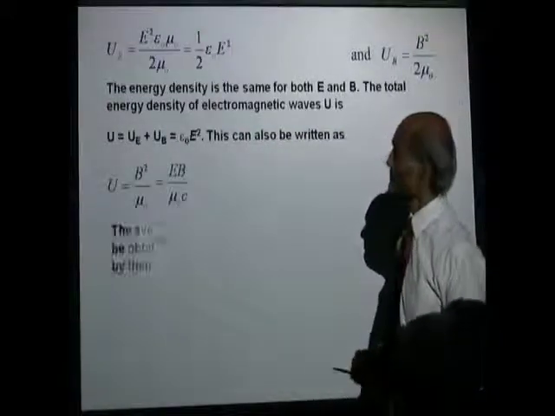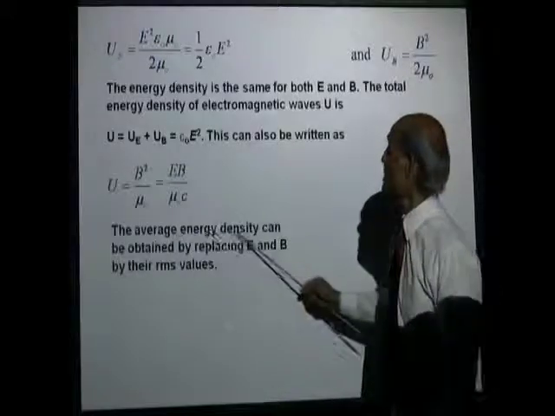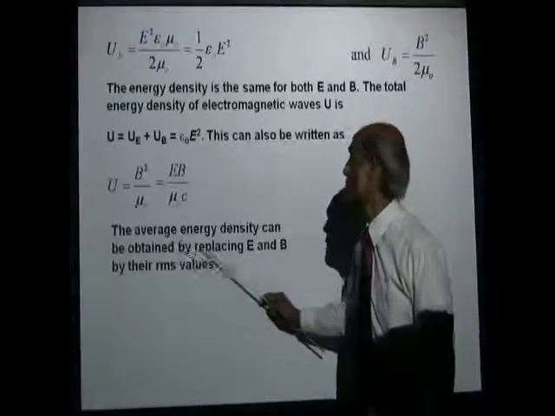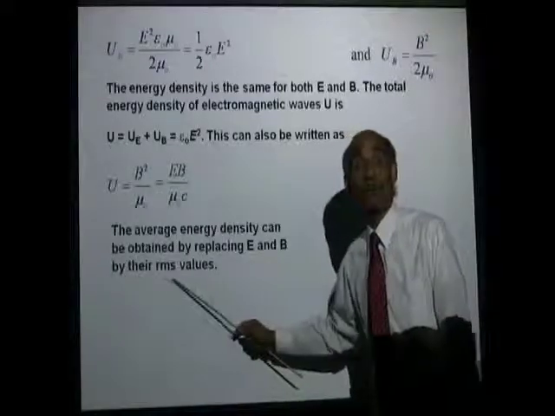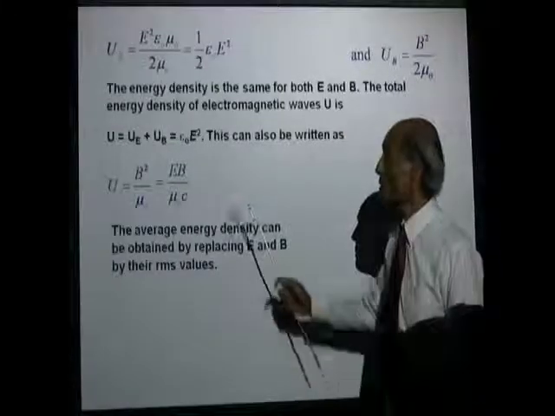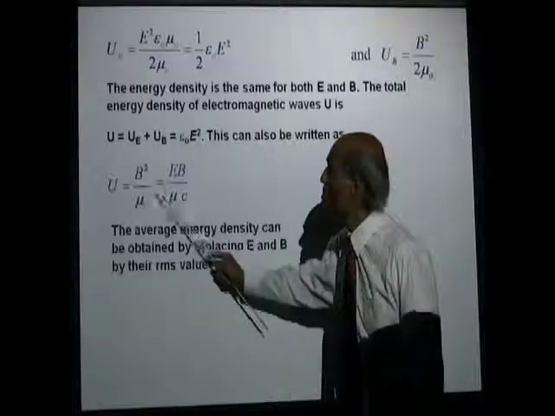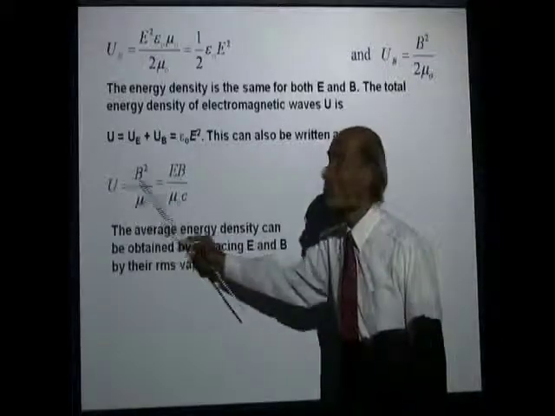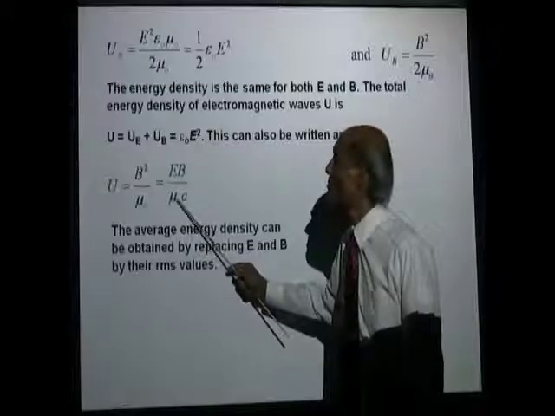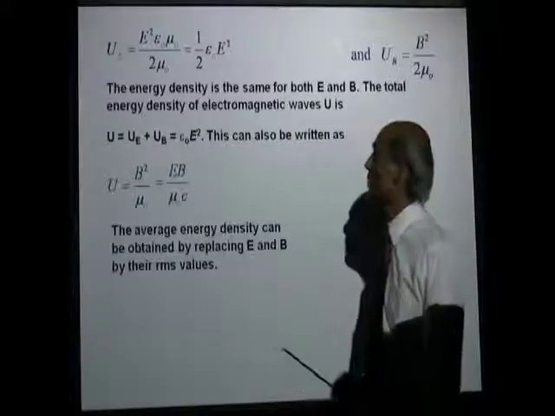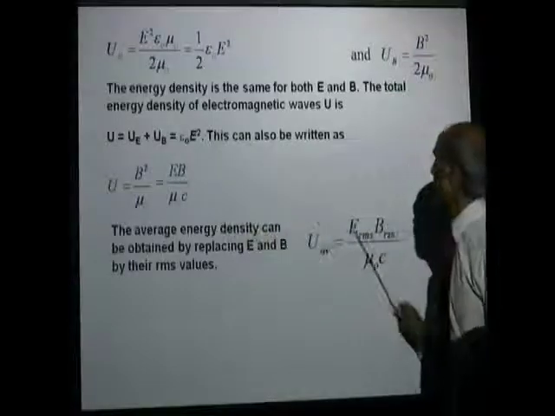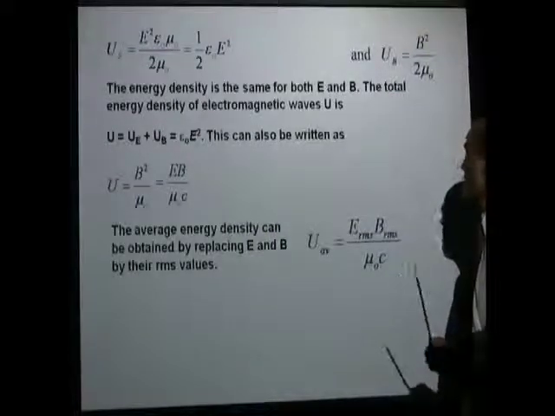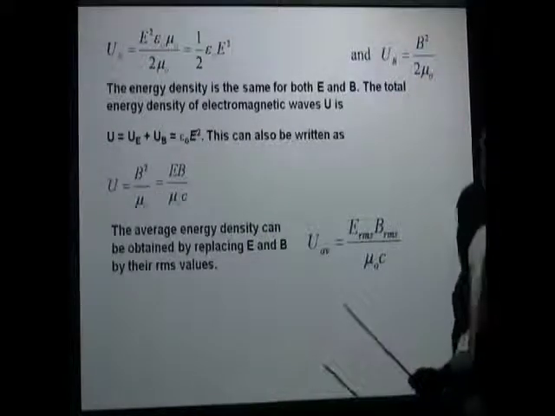Okay. Now the average energy density can be obtained by replacing E and B by their RMS values. So if this is the energy density for an electromagnetic wave, EB divided by mu 0 C, what is the average energy density? It will be E RMS times B RMS over mu 0 C.